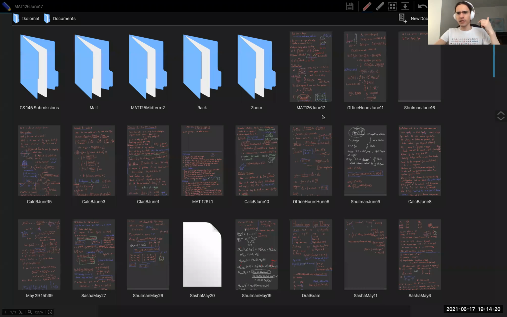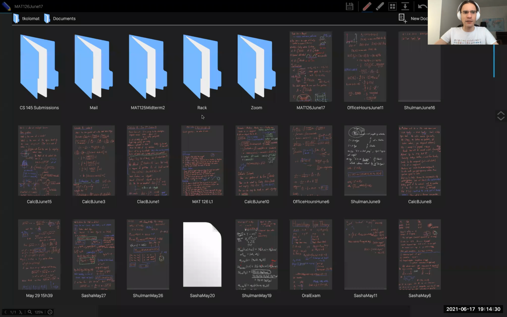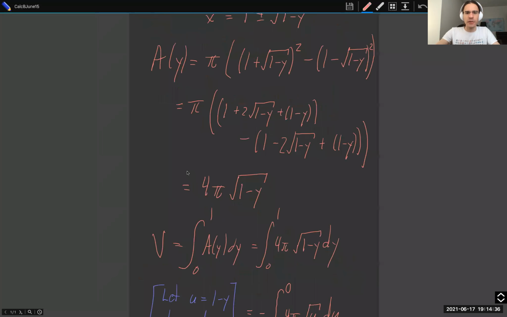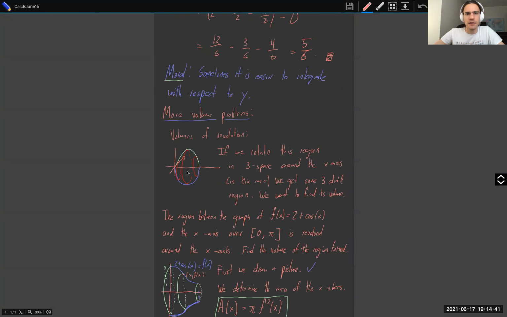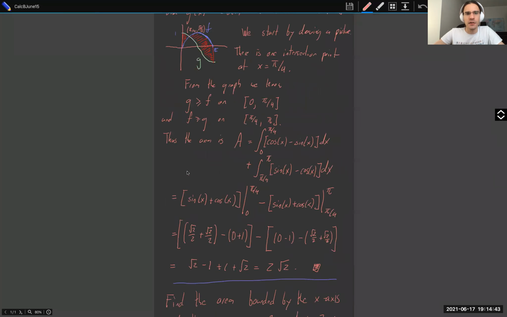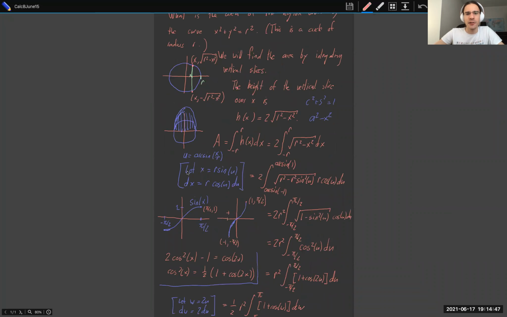2 classes ago, we discussed substitution and definite integrals. Let's just go to the file from 2 classes ago. You can see that we did a review of it as well then, when we were calculating the area of a circle.